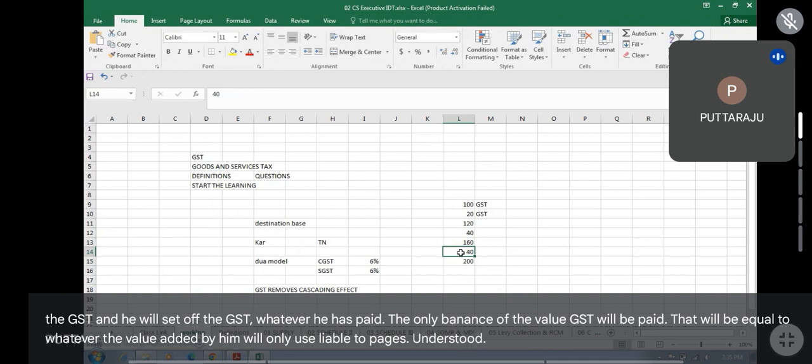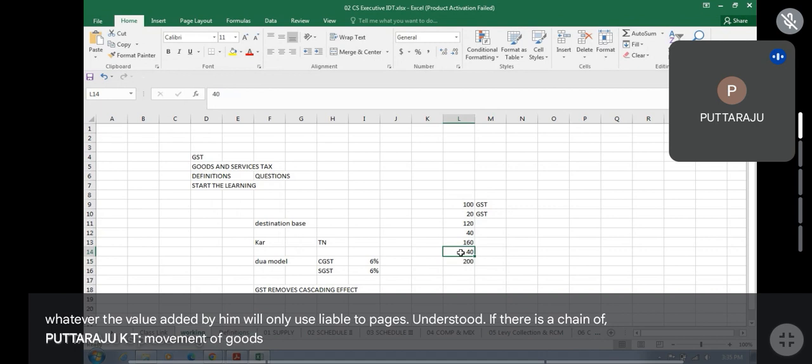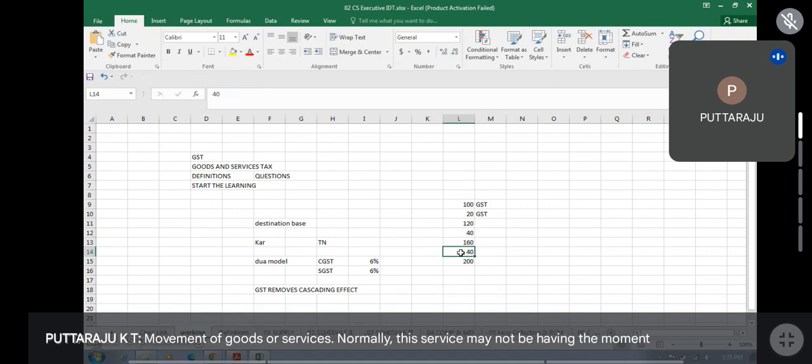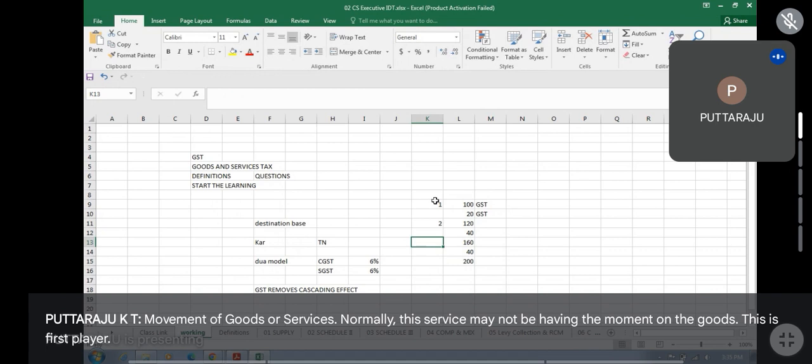Understood? If there is a chain of movement of goods or services, normally the service may not be having the movement on the goods. This is first supplier, second supplier, third supplier, fourth supplier.